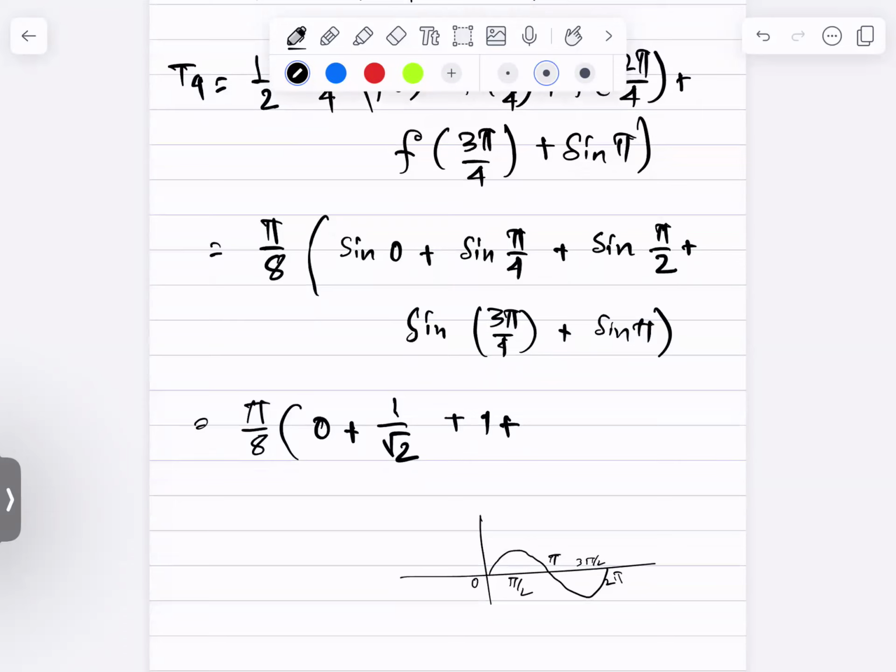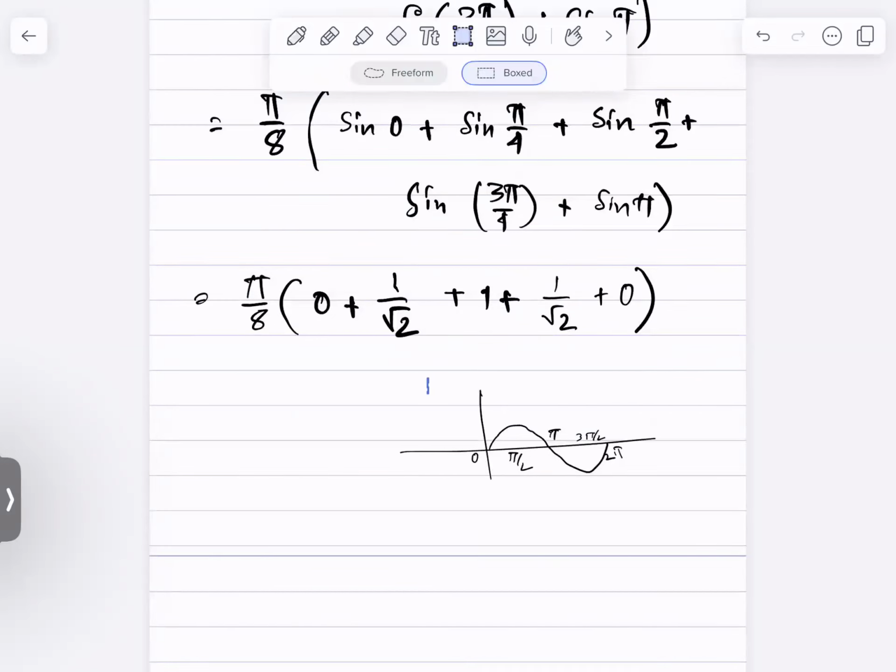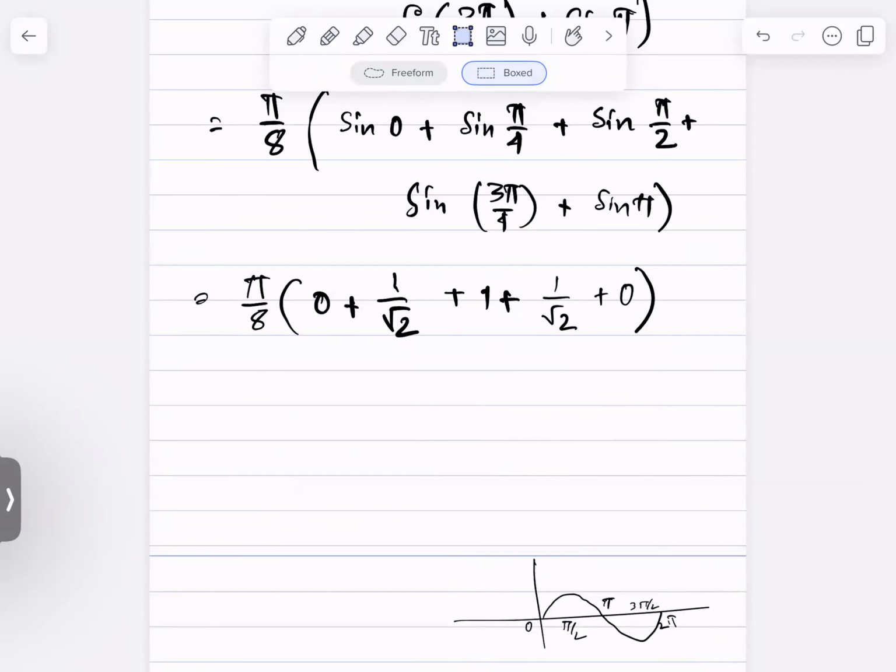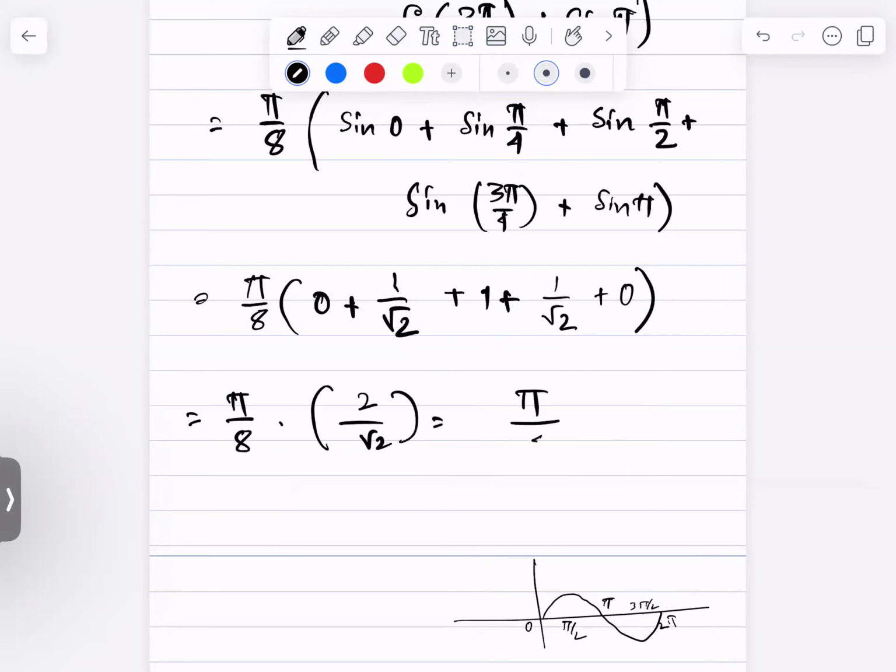So I know at 0, sine is 0, at pi over 4, it should be 1 over square root 2. At pi over 2, it is 1. And sine 3 pi over 4 will be again 1 over square root 2, plus sine pi is again 0. So basically this should be pi over 8 times 2 over square root 2, which is pi over 4 square root 2.